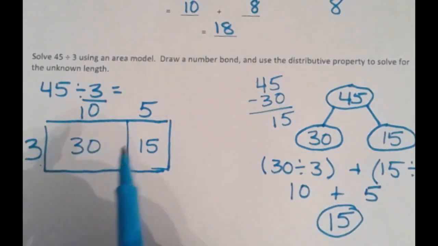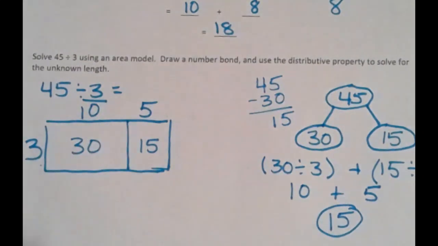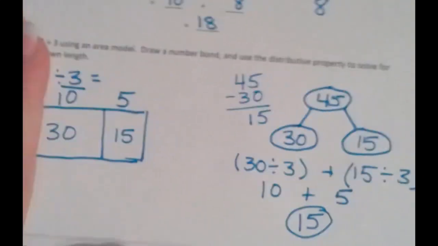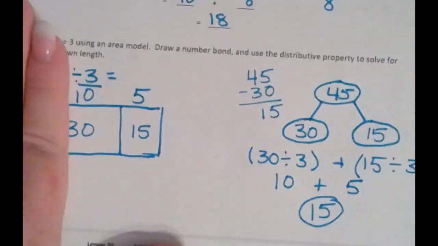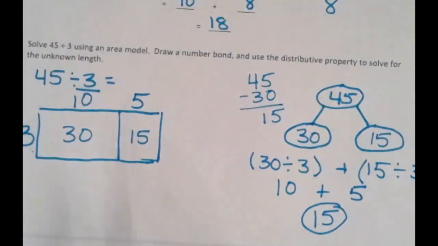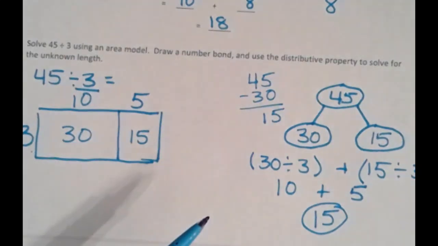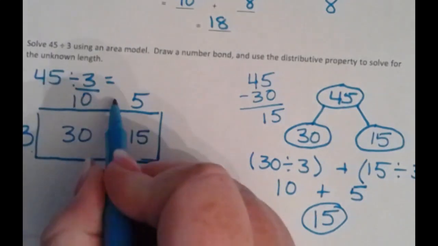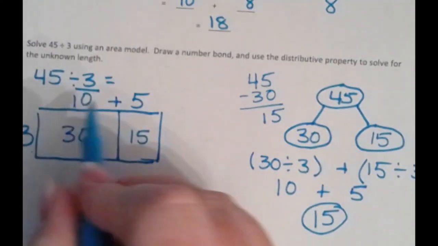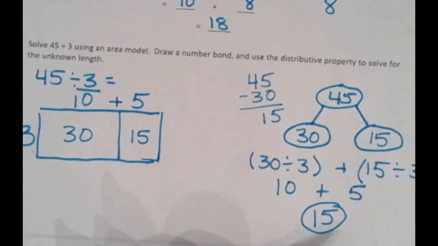And if I look over here at my area model, 10 plus 5 is 15, which is the same thing that I'm showing over here.